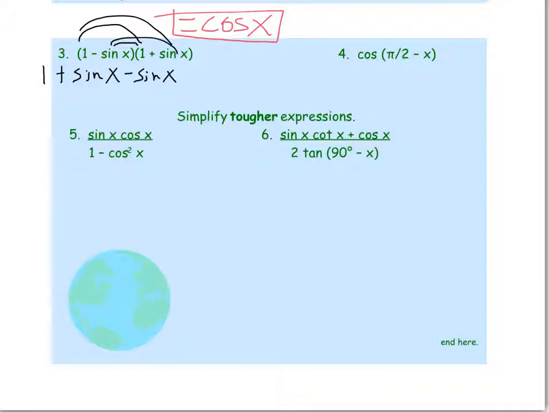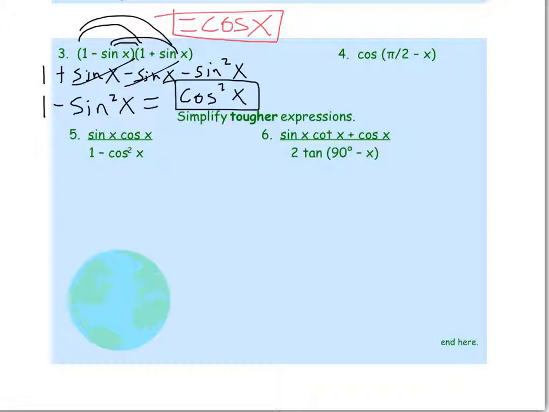And those last two terms, negative sine of x times sine of x, is negative sine squared. Middle terms cancel. And I am left with 1 minus sine squared of x. Take a look back at your notes. Does that remind us of any of those trig identities? It certainly does. 1 minus sine squared is equal to cosine squared, and that would be fully simplified.